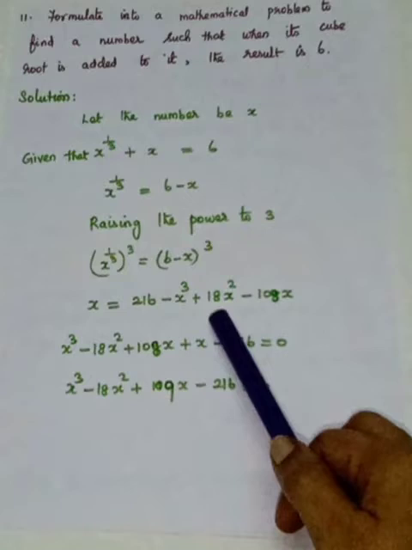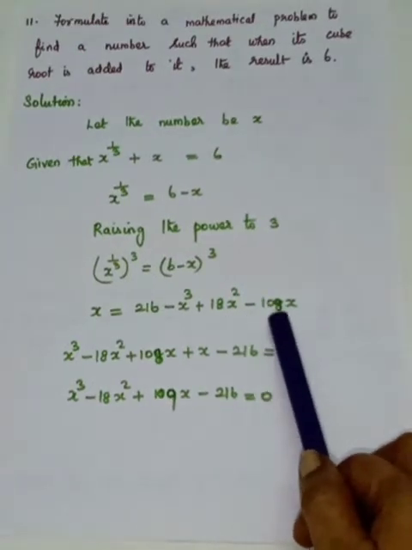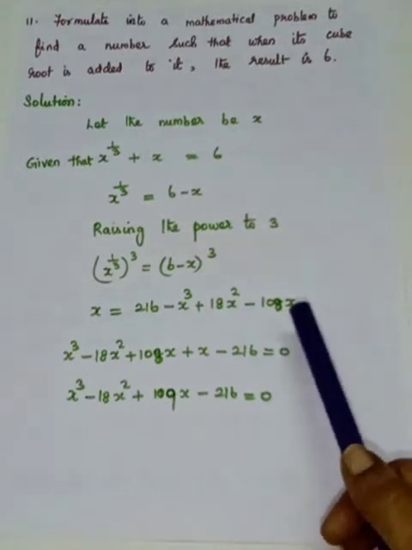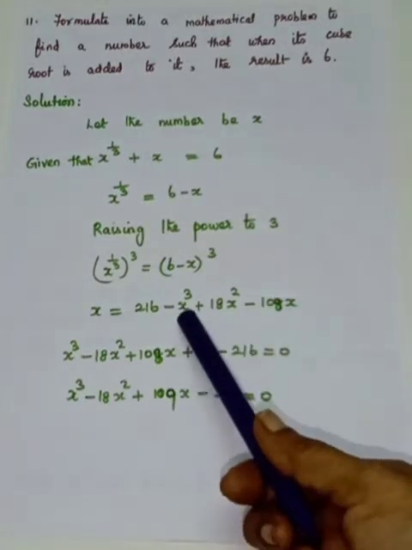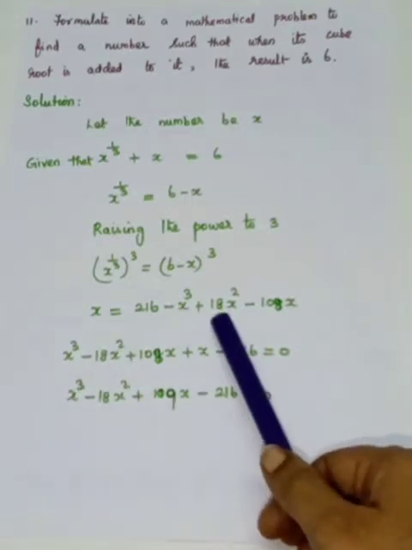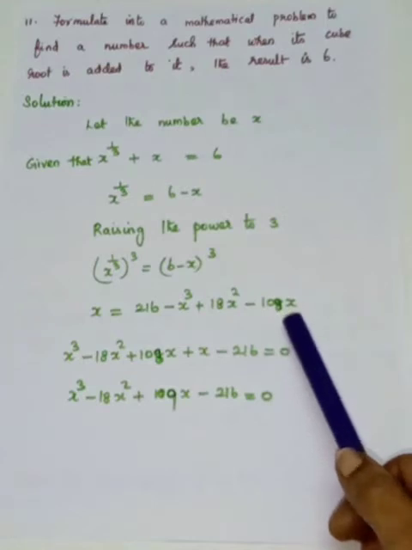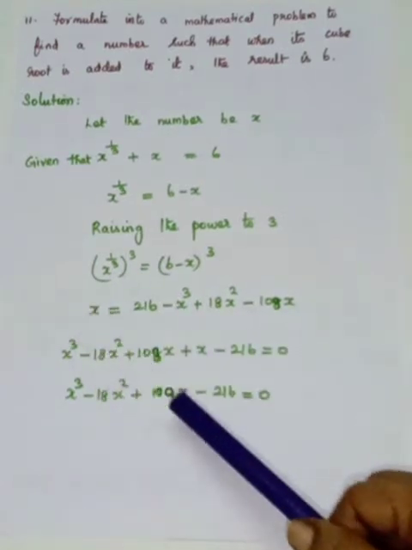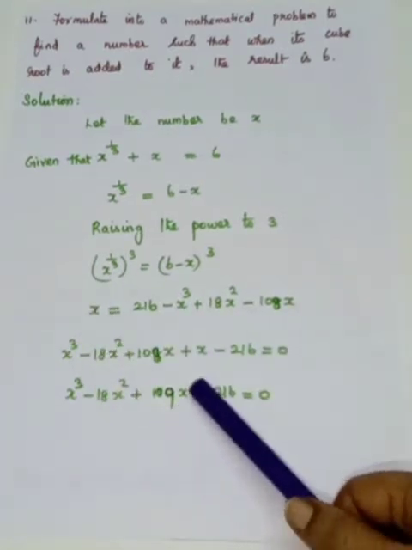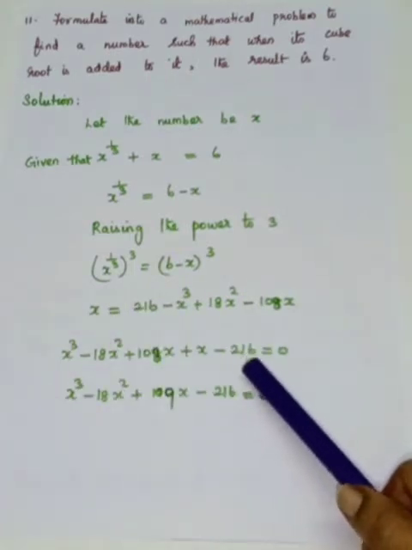Here plus 3ab squared minus 3a squared b. Okay, and you see here, bring this minus x cube to the left side as plus x cube. And 18x squared, when you bring it to the left side, minus 18x squared. Minus 108x plus x, so it is 109x. And bring this 216 to the left side as minus 216.